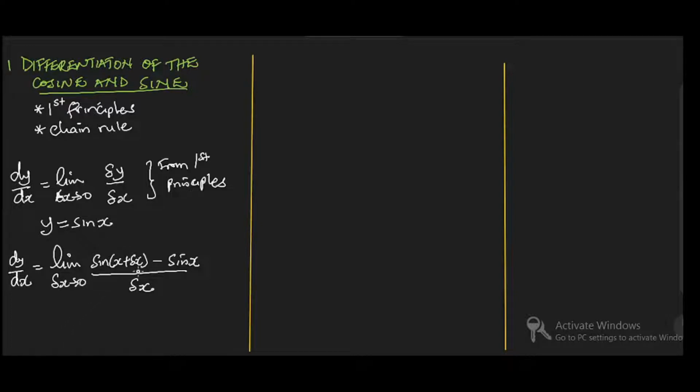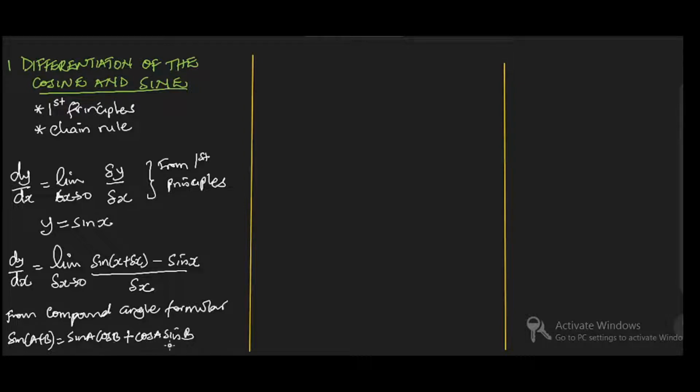Now we need to simplify this, so we go back to our rules, that's the compound angle formula. From the compound angle formula, we should know that sine(a plus b) is the same as sine a cos b plus cos a sine b.